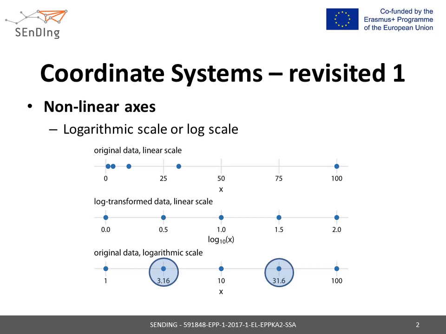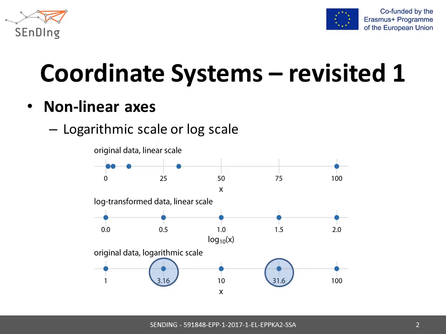This process is demonstrated in the figure in this slide, which shows the numbers 1, 3.16, 10, 31.6, and 100 placed on linear and log scales. The numbers 3.16 and 31.6 may seem a strange choice, but they were chosen because they are exactly halfway between 1 and 10 and between 10 and 100 on a log scale.